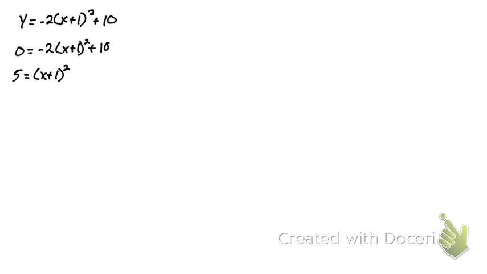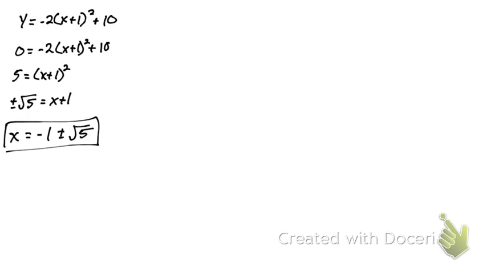Take the square root of both sides: plus or minus the square root of 5 equals x plus 1. Subtract 1 on both sides, and we'd have x equals negative 1 plus or minus the square root of 5. You didn't need to simplify it any further than that.